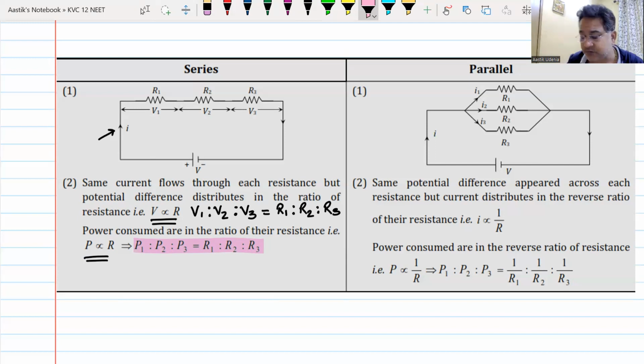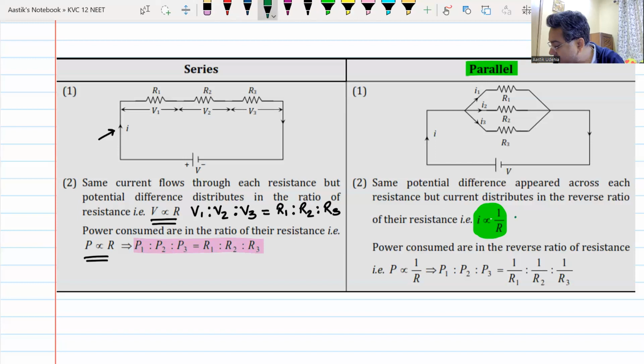On the right hand side, we have the parallel combination. In parallel combination, voltage is the same, but currents are different. How does current divide? You must remember that current is inversely proportional to R. You can also add that I1 is to I2 is to I3 will be equal to 1 by R1 is to 1 by R2 is to 1 by R3.